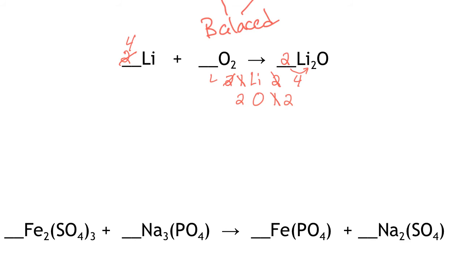Update my total, and now I'm balanced. I have 4 here, 4 on this side, 2 on the reactant side, 2 on the product side, and I'm balanced. So the final balanced equation would be I need 4 lithium atoms plus 1 molecule of oxygen, O2, and that's going to yield 2 lithium oxide molecules.